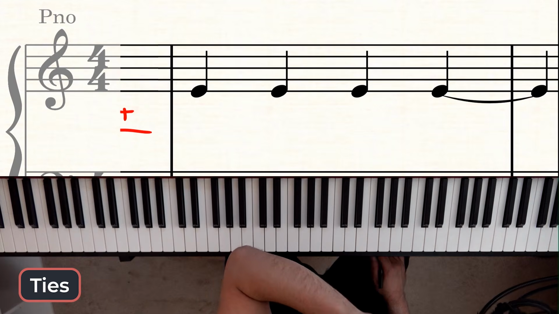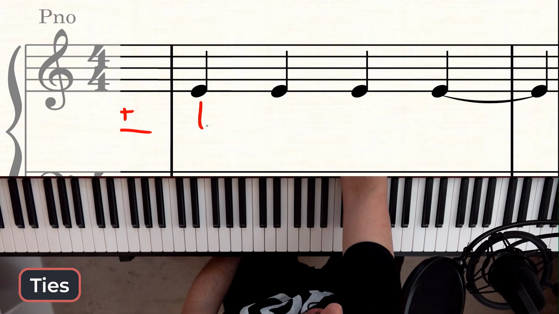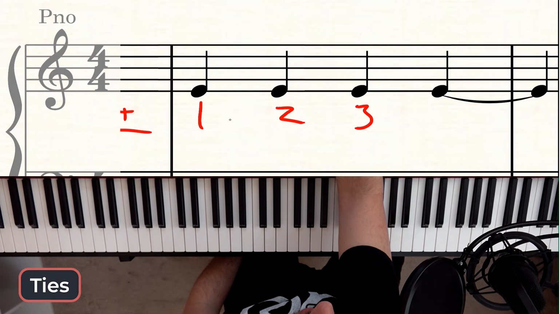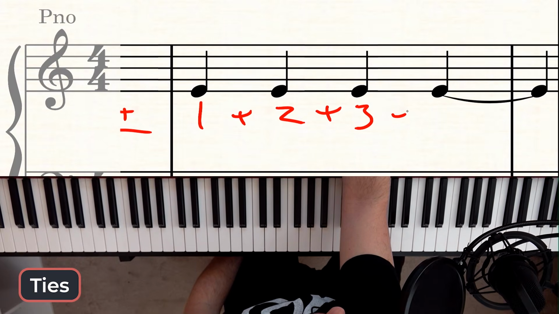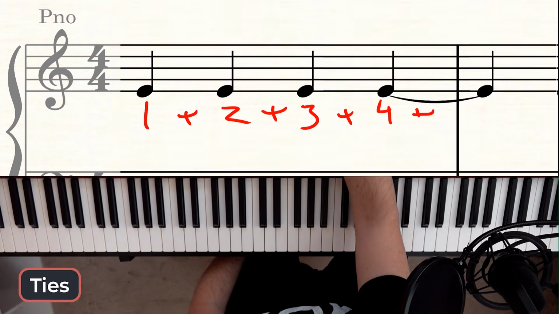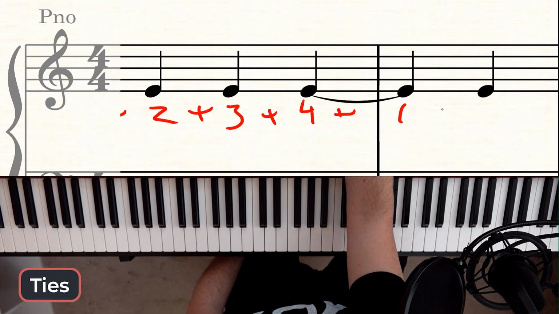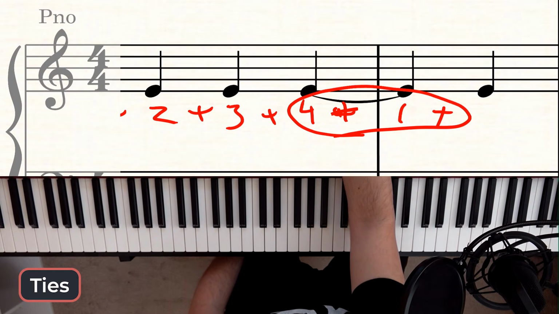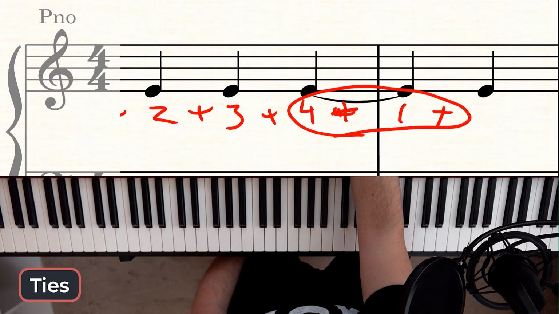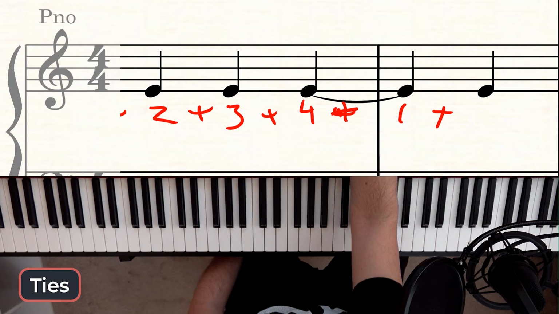Now here's where ties really come into play. So here we have beats 1, 2, 3, and I guess we'll just put ands in there. 4 and, now we're tying 4 and over with 1 and. So these will all be tied together into a single holdover.